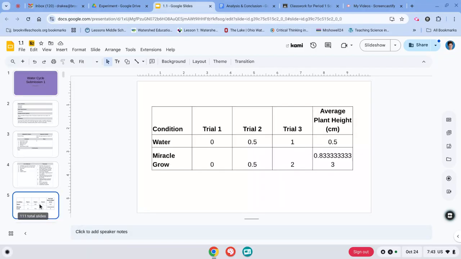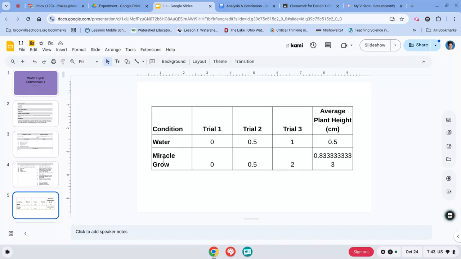So when you go to your data table, you can tell me, all right, when we tested water and Miracle-Gro to see which one grew the taller plant, the plant grew 0.5 centimeters on average for the water, and the plant grew 0.833 on average for the Miracle-Gro.